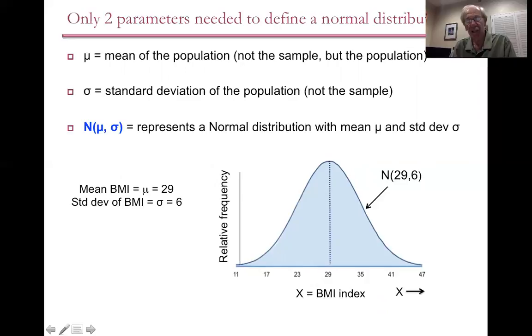And that tells me everything I need to know about this curve. It's just lucky that it does, but nature was nice to us. This curve, by the way, goes infinitely out to the right without touching the horizontal axis, and it goes infinitely out to the left without touching the horizontal axis. Just keeps on going.